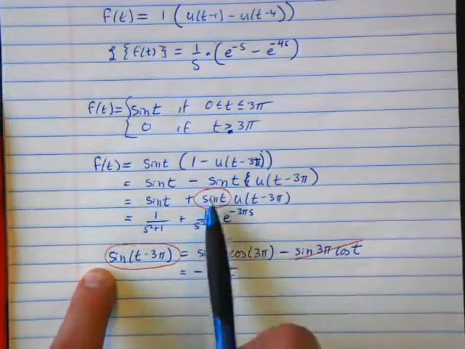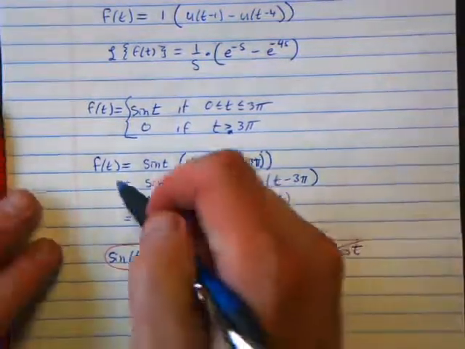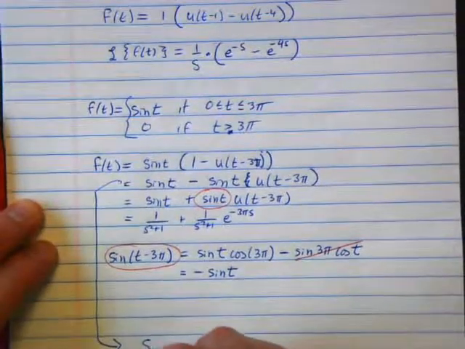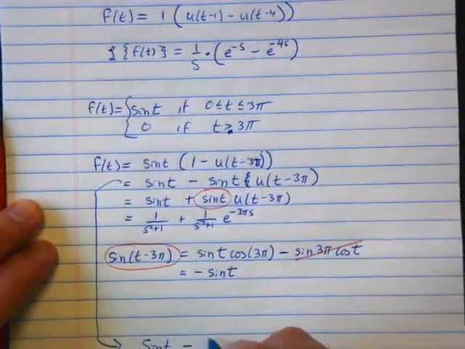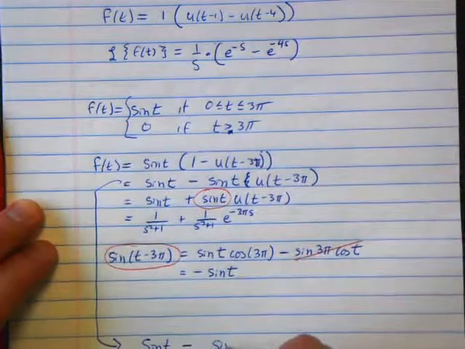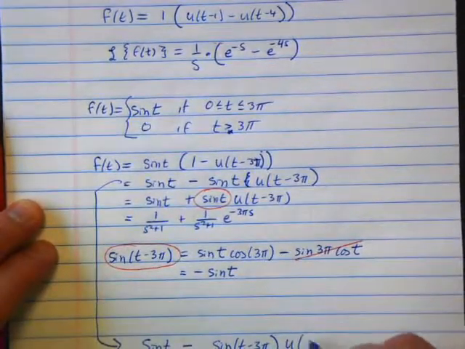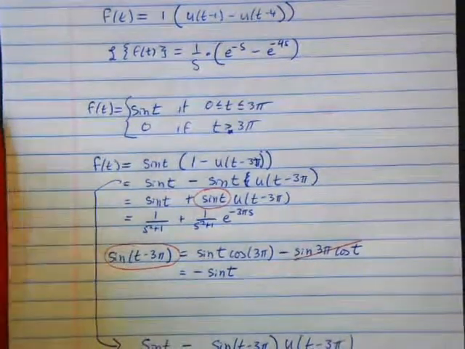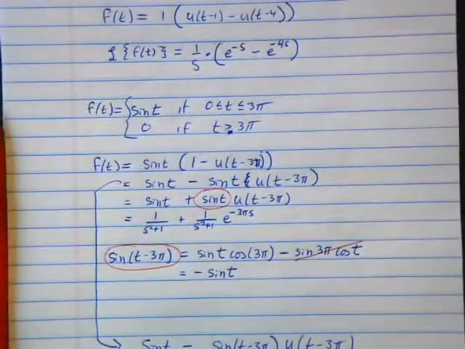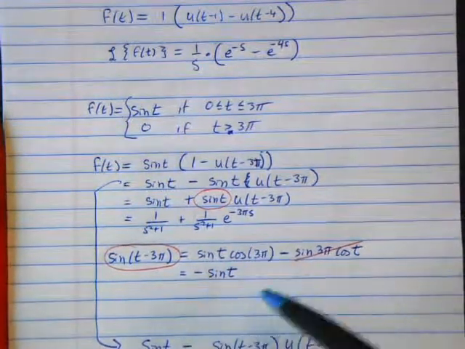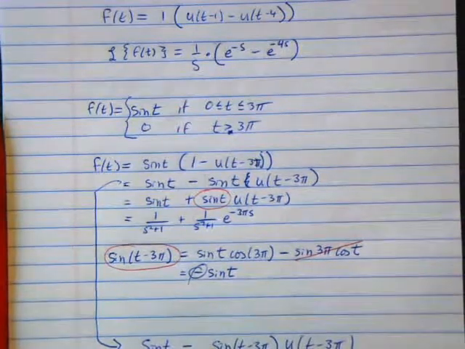So at this step, what I really want is sine of t minus 3 pi right there, u of t minus 3 pi. But I can't just change the t to a t minus 3 pi. What happens when I change the t to a t minus 3 pi is it introduces that negative sign.